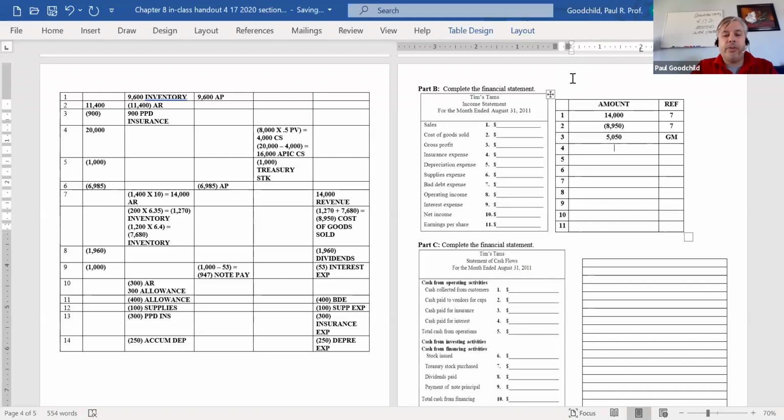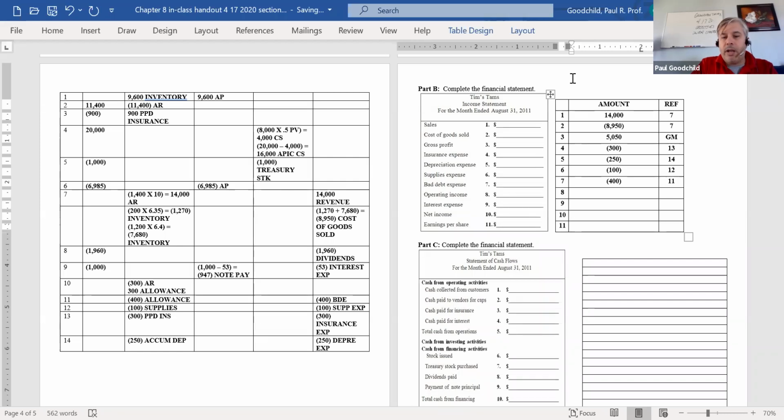And then our insurance expense, 300, comes from number 13. Depreciation expense is 250, and that comes from number 14. Our supplies expense, 100, comes from number 12. Our bad debts expense, 400, came out of number 11.